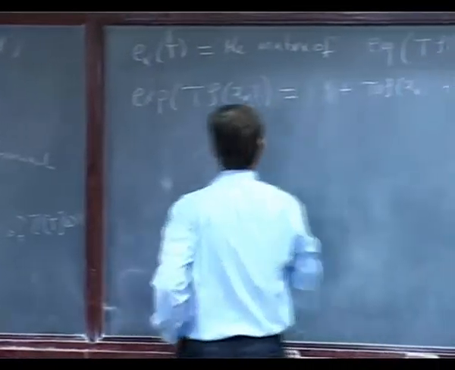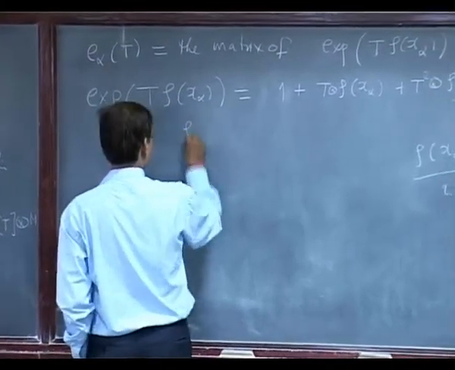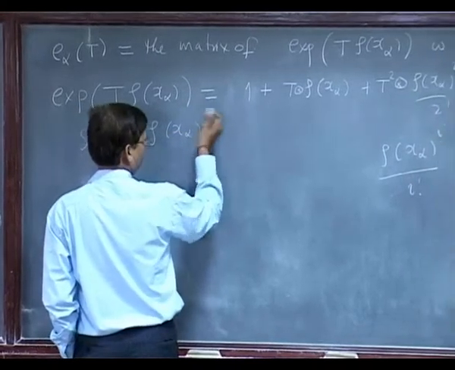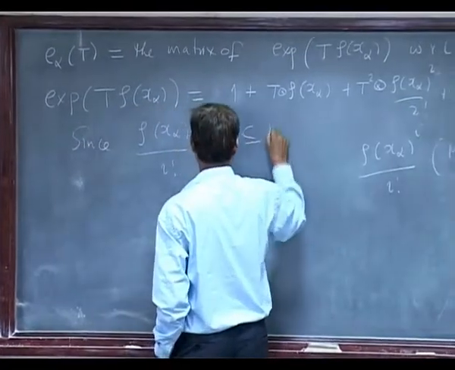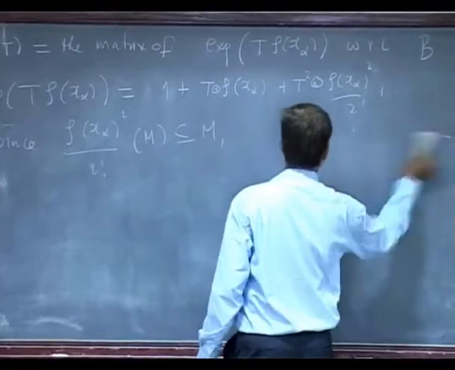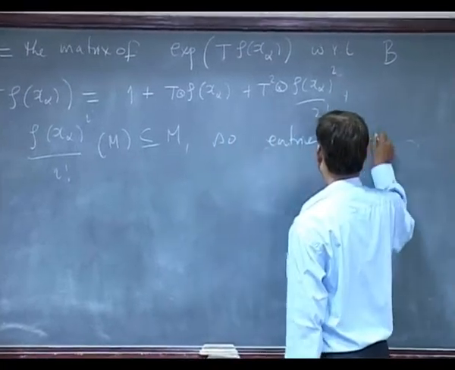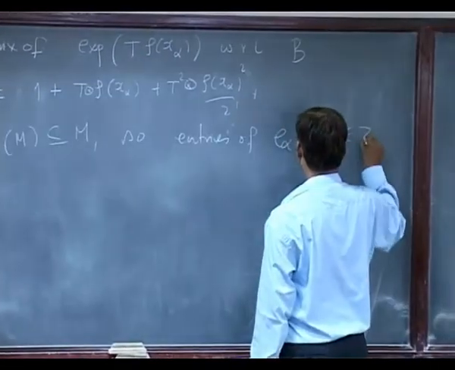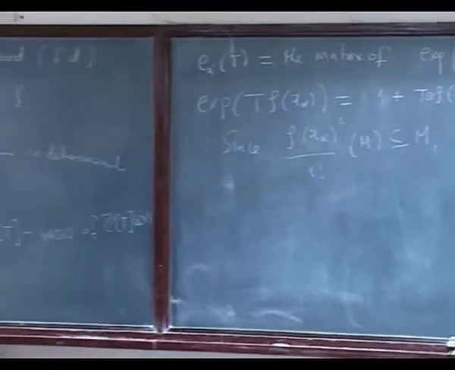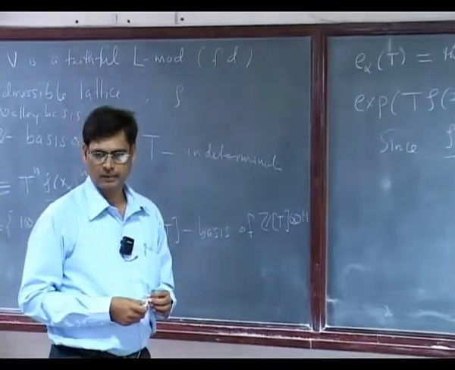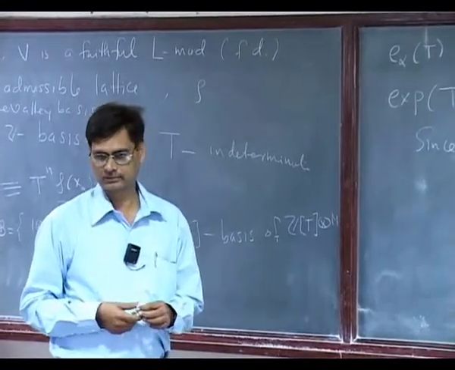Okay. Now, since rho(x_alpha)^i by factorial i of M is inside M, therefore the entries of E_alpha(T) are inside Z[T], right. The entries of the matrix, okay.